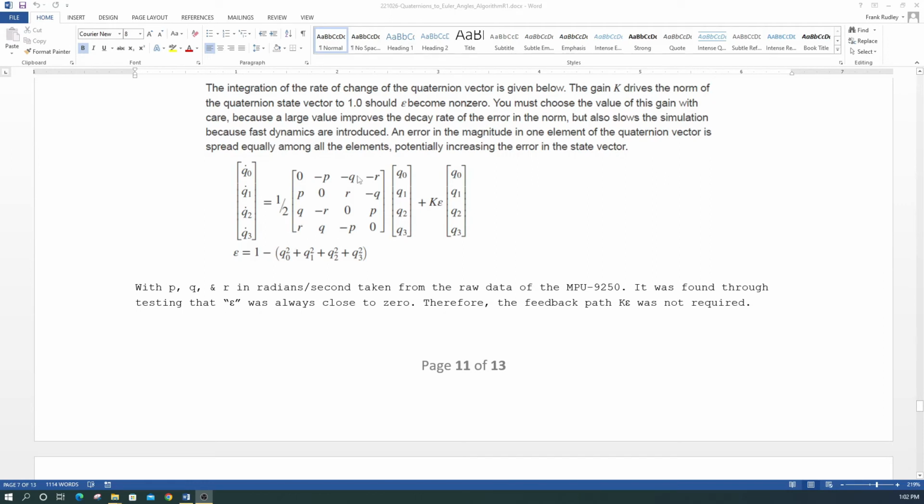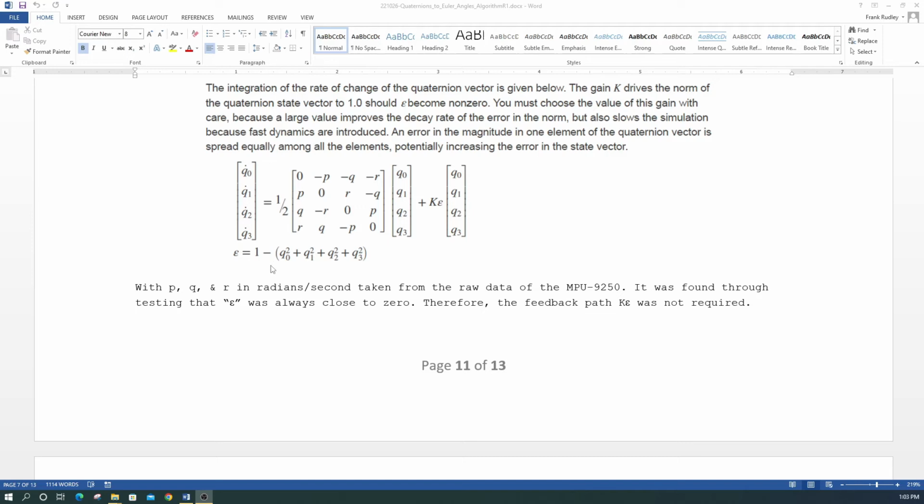I've seen this equation in many other books for transformations. So this is how we're going to do our quaternion processing. We have Q0 dot, Q1 dot, Q2 dot, Q3 dot. The derivatives are this matrix times Q0, Q1, Q2, Q3, and there's a feedback term here.